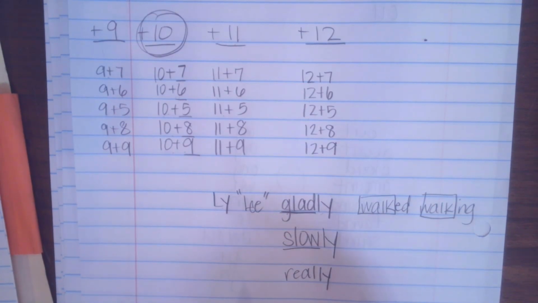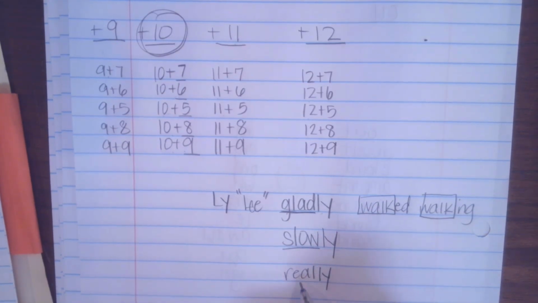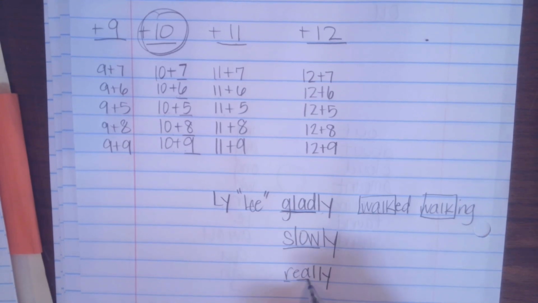I will gladly walk to the store. S-L-O-W makes O or ow, slow. And then I'm going to put a ly at the back of it. Slowly. This one is real, really.